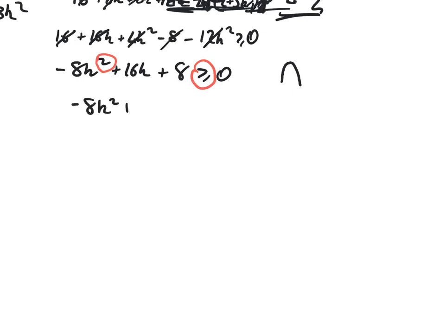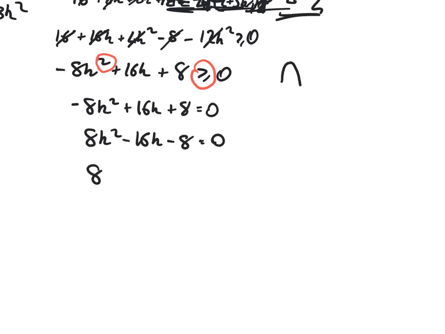Let's now find the roots by making the thing equal to 0. As soon as it's equal to 0, I can change all signs to make it easier for me to factorise. Then take out a highest common factor of 8, 8(k squared minus 2k minus 1) is equal to 0.